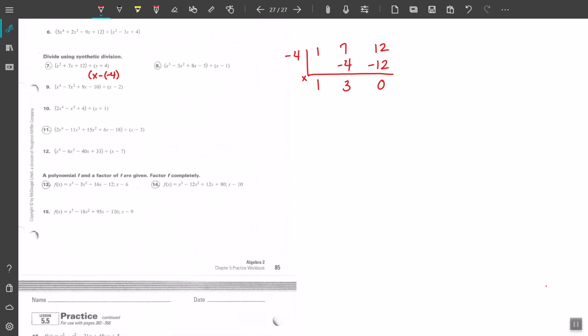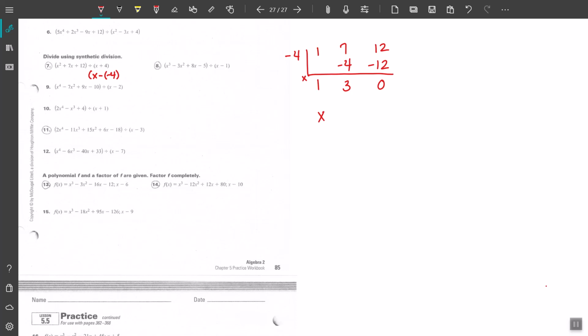So to translate this into the binomial that is a factor of x squared plus 7x plus 12, the way we're going to do that is take those coefficients. This first one is a coefficient of 1, and I'm going to stick it with that x term. Remember, it's always going to be 1 degree less than what I divided by.